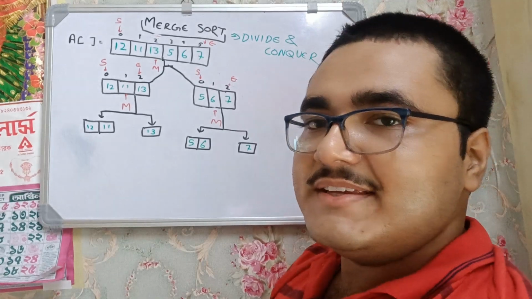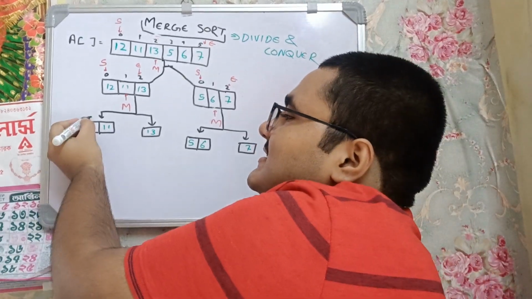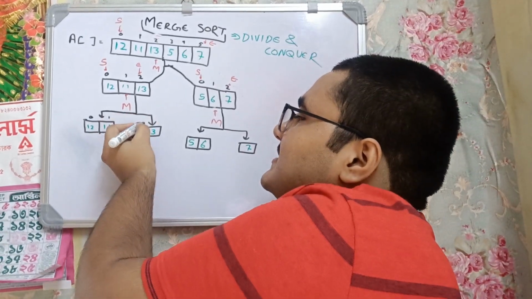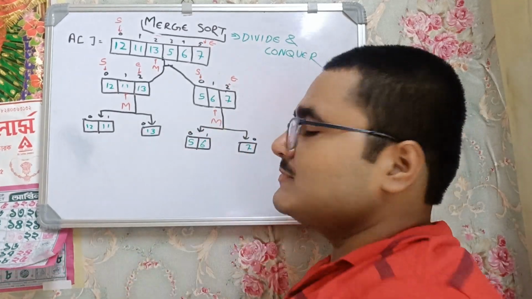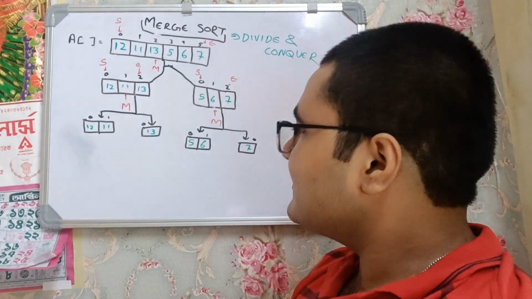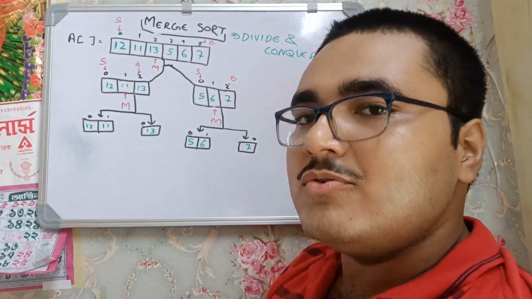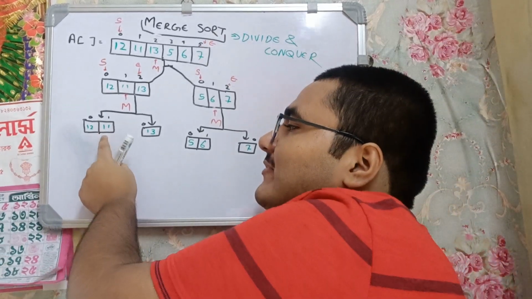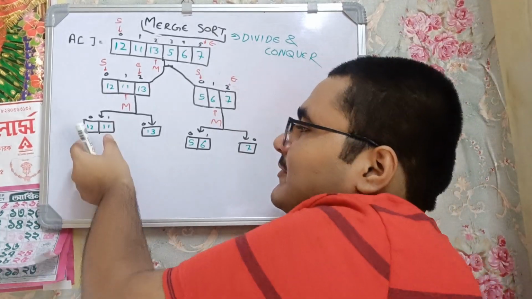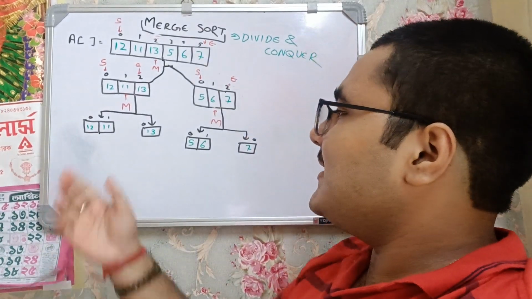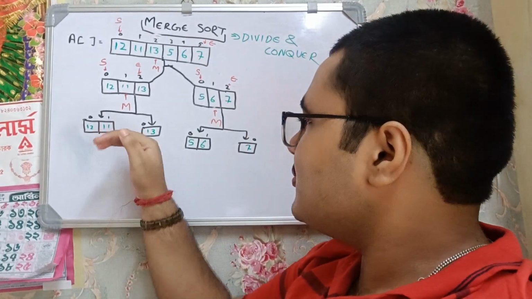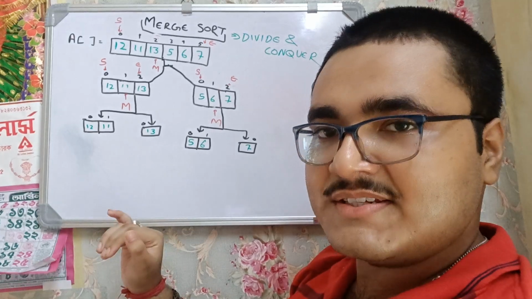So indexing is like 0, 1, 0, 0, 1 and 0, right? So we will be dividing this portion because this is also a 2D array. Ultimately we will be divided in such a way that it will be all single cells.